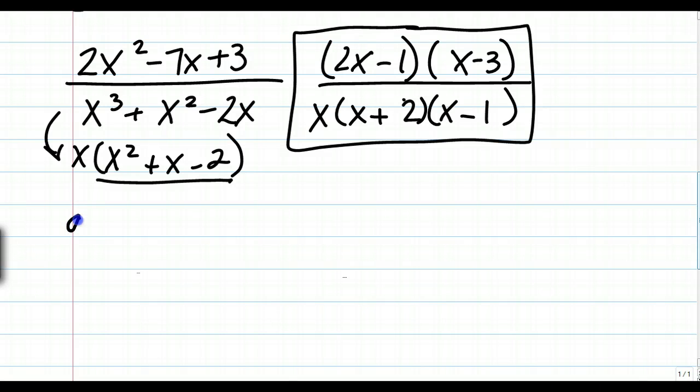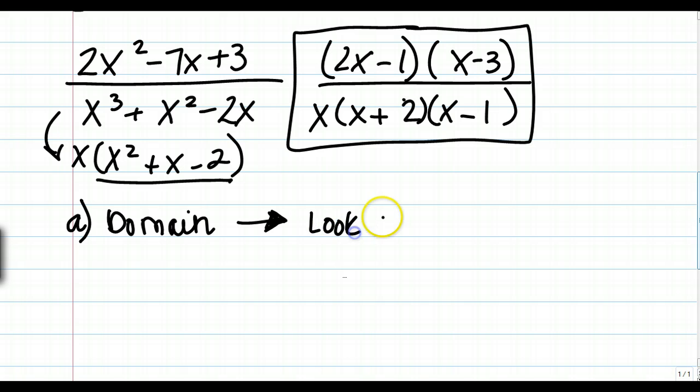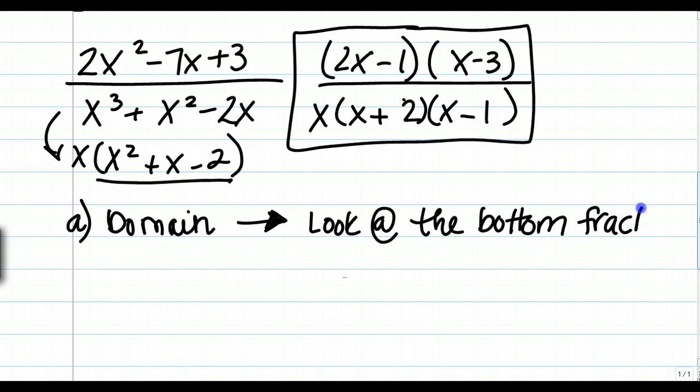Part of your homework or your classwork is going to ask you to find the domain. When you're trying to find the domain, you are going to look at the bottom part of the fraction, or the denominator.